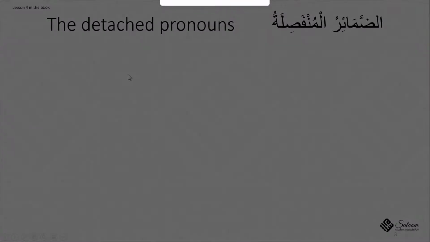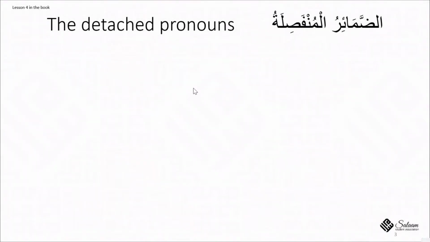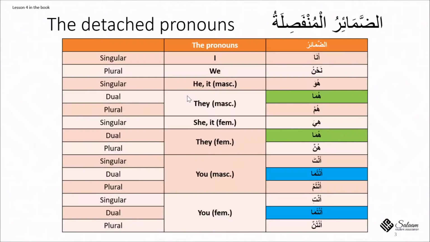So the pronouns in Arabic are a little bit different. As you remember, we said two key pieces of information last time. You have to keep them in mind. We only have masculine and feminine nouns. We don't have a noun that does not have femininity or masculinity. And we have three types of nouns: singular, dual, and plural.